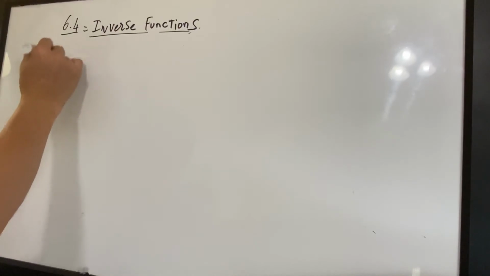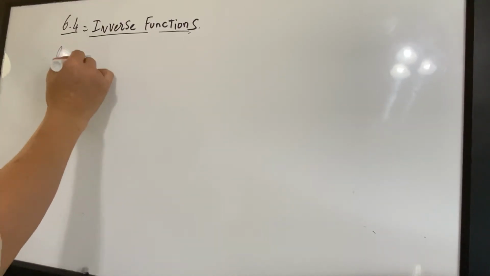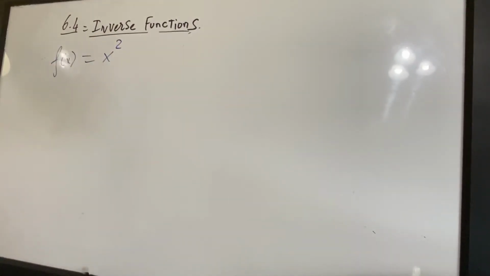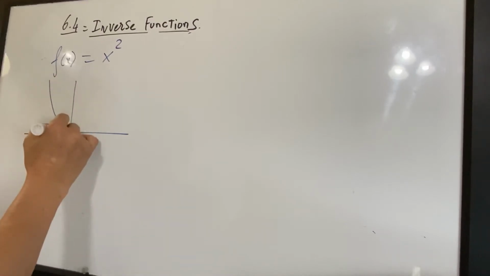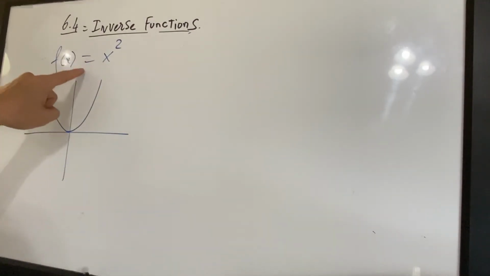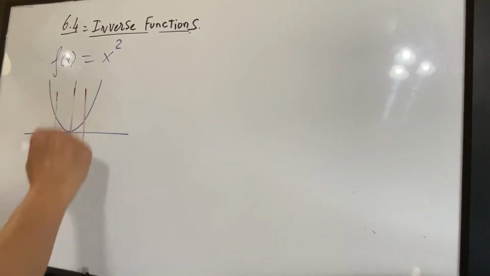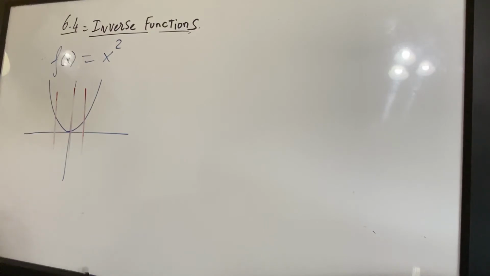For example, if you have a function f of x equals x squared, what would the graph look like? It looks like this right here. This is a function because I know why. That's right, it passes the vertical line test.